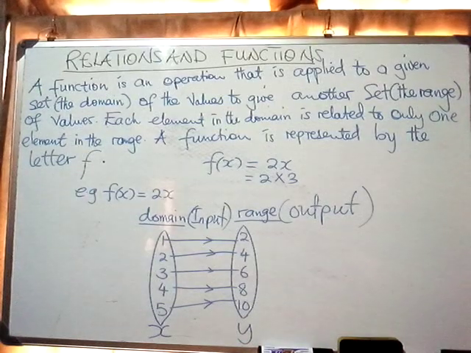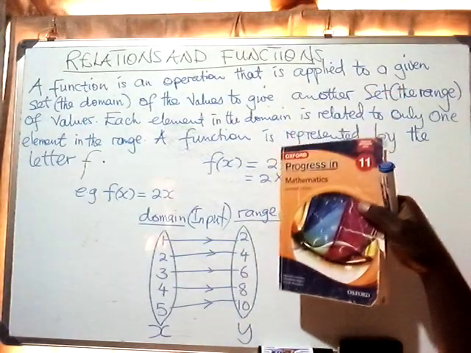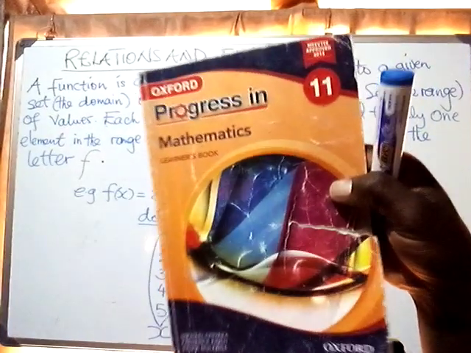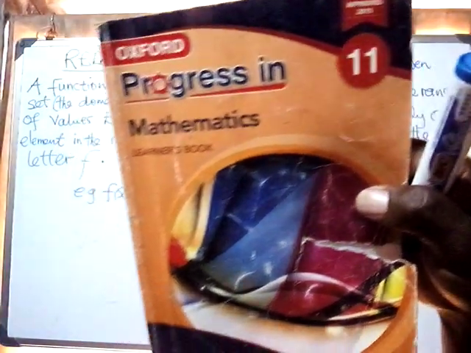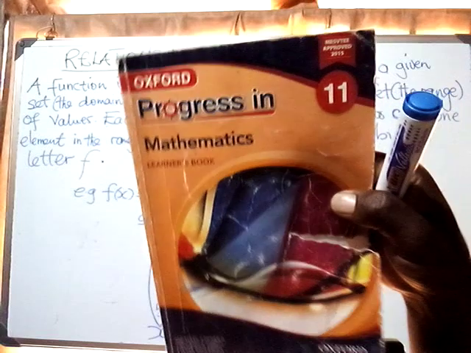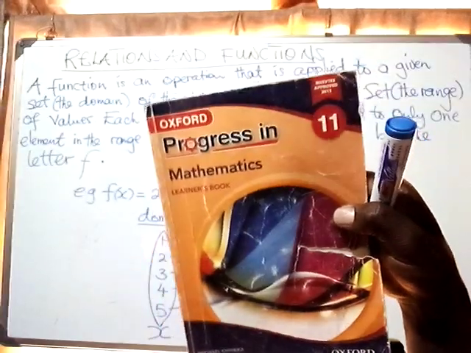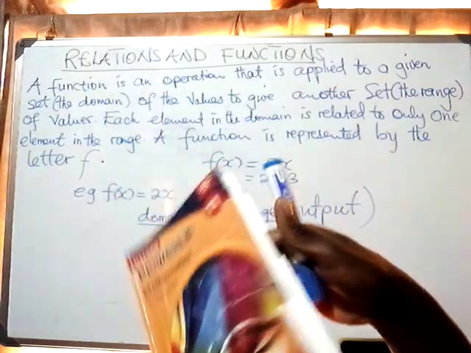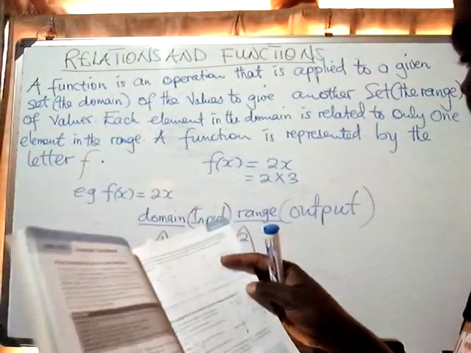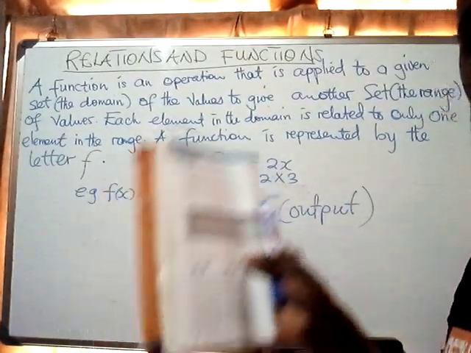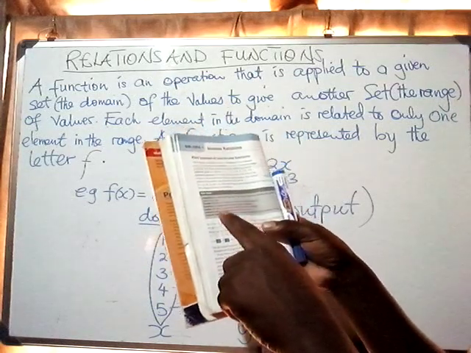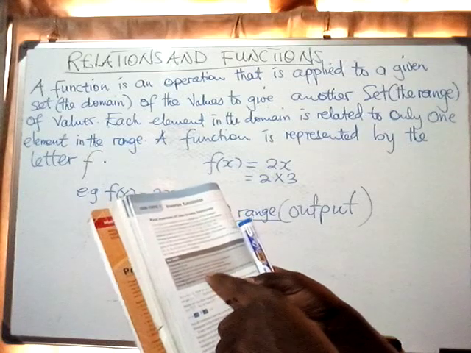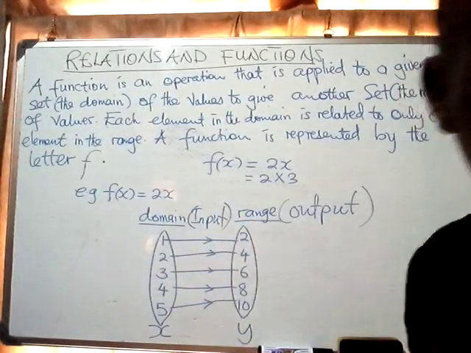Another definition, if we use this book according to the Zambian syllabus, this is a grade 11 book, and that's where we find the topic known as a function. This is for senior level, grade 10 up to grade 12. The definition says a function is a one-to-one or a many-to-one mapping.